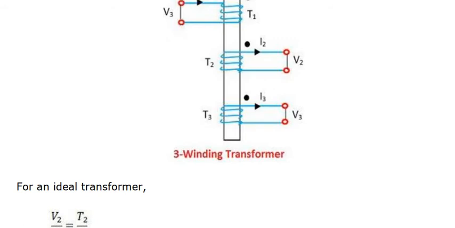For either power factor correction or voltage regulation or both. Tertiary winding is used to interconnect three supply systems operating at different voltages.